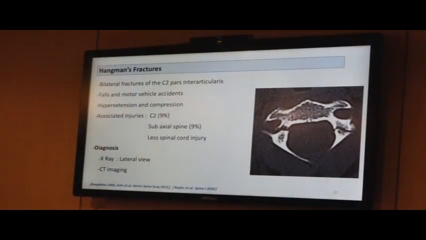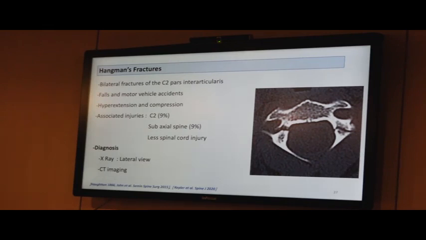Now the hangman fracture is a bilateral axis pars interarticularis fracture, which was first described by Hampton in 1816.